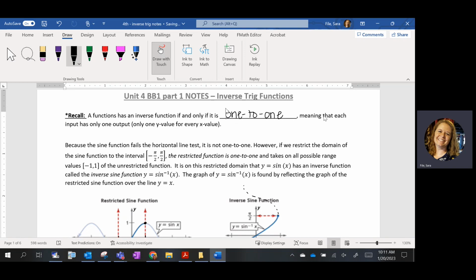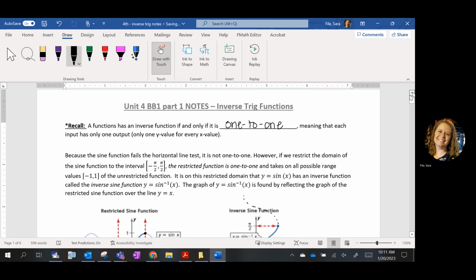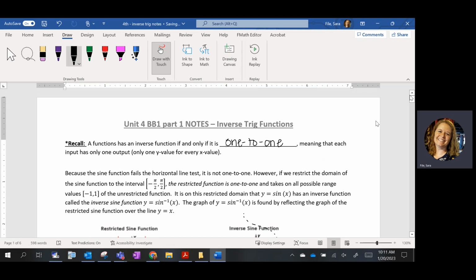If we think about the trig functions that we focused on the most, they were sine and cosine when we were graphing, right? That was a wave, the sinusoid, going up, down, up, down.